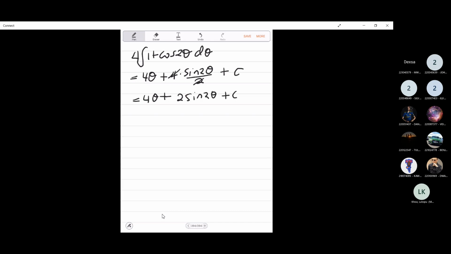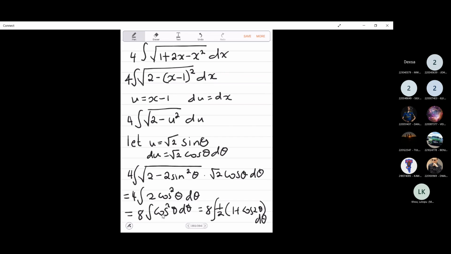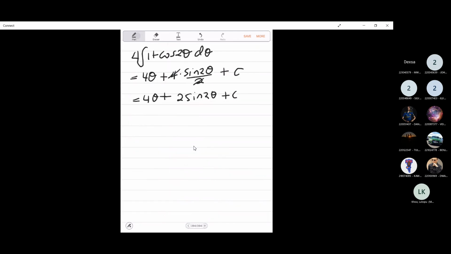Now we need to remember our substitution. So we said u is x minus 1 and u is the square root of 2 sine theta. So sine theta here is u over the square root of 2.